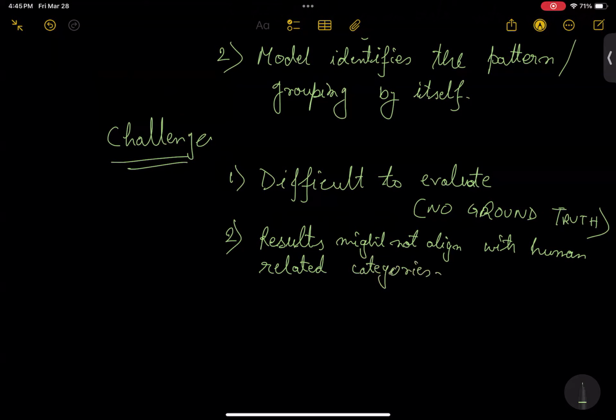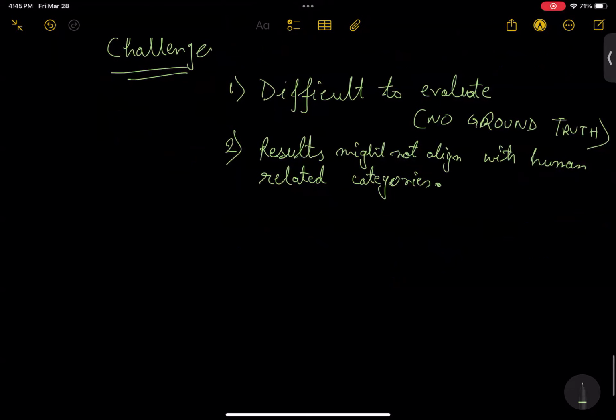For example, an unsupervised algorithm can find a pattern that is understood by the machine but not by the human. That is also a pattern, but we cannot understand it.